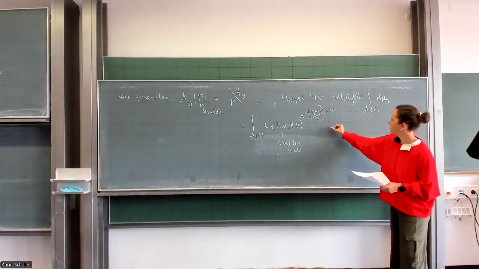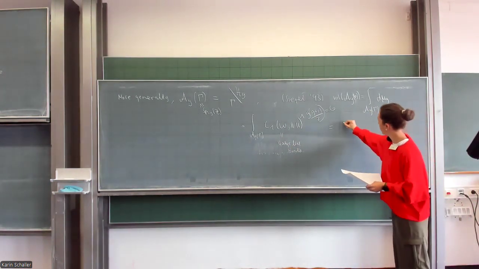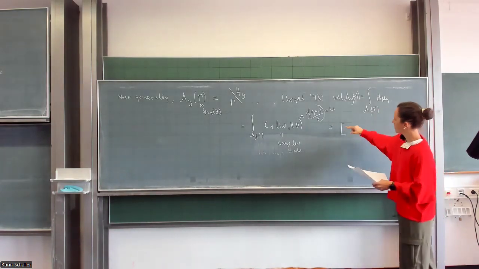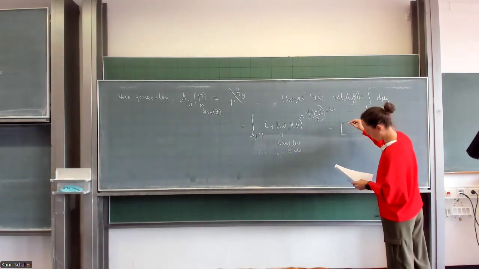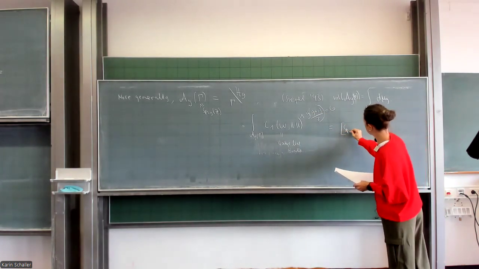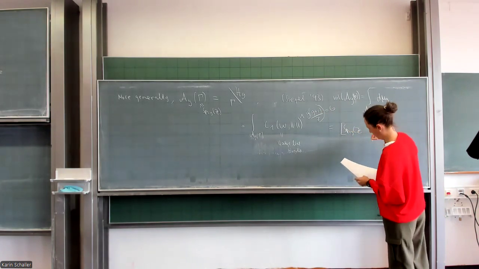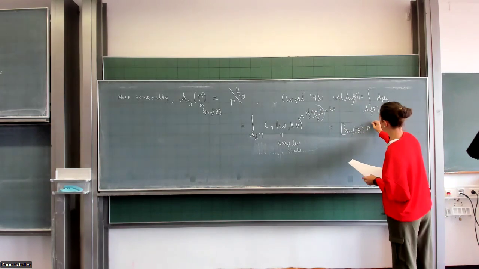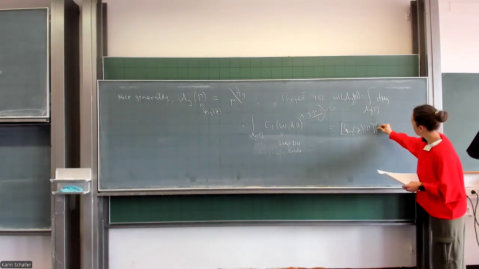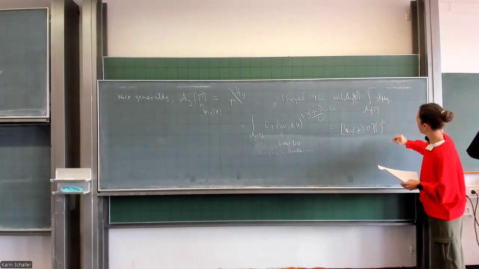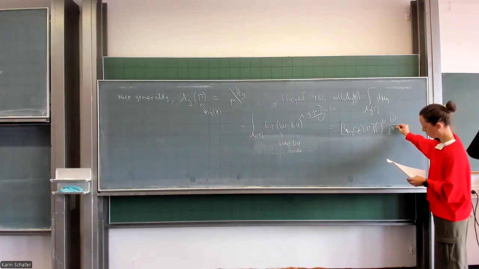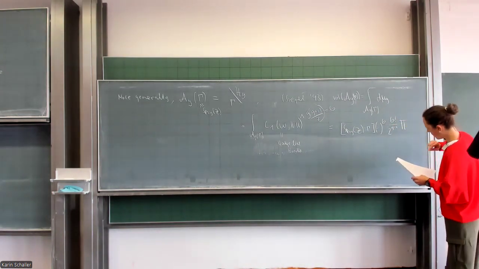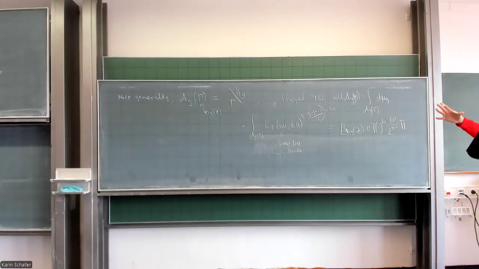And Siegel calculated this, and this turns out to be a very nice formula. Here I'm taking the index of my subgroup with respect to the symplectic group. And now I have a (-1)^g, here I have g factorial over 2^(g-1), and then I have a product of negative values of the Riemann zeta function.